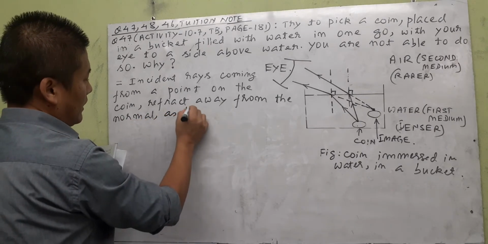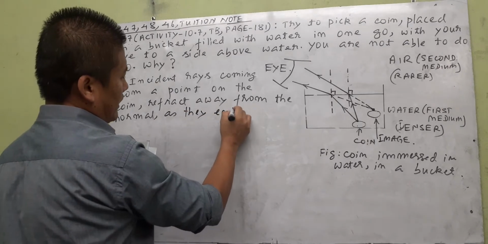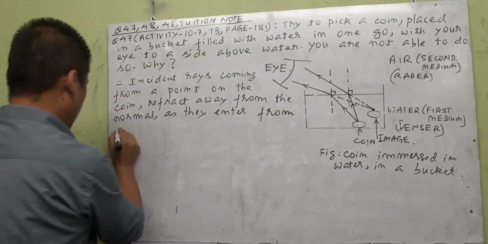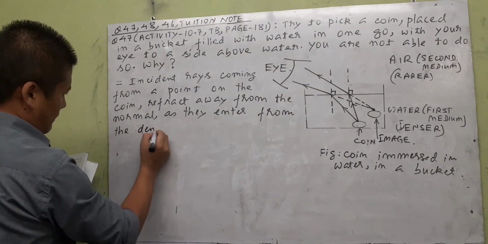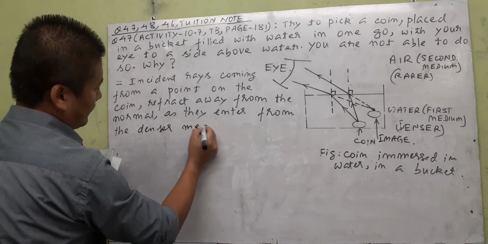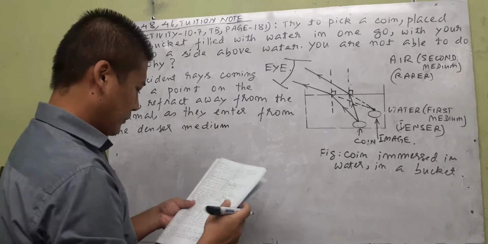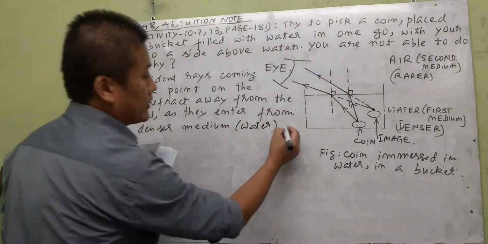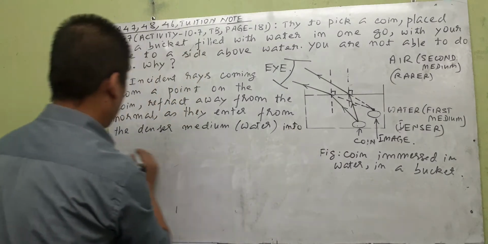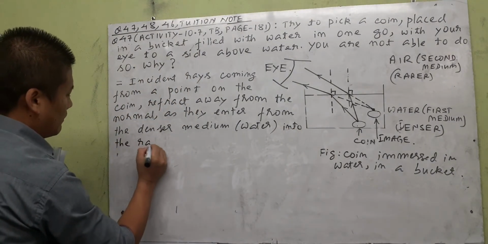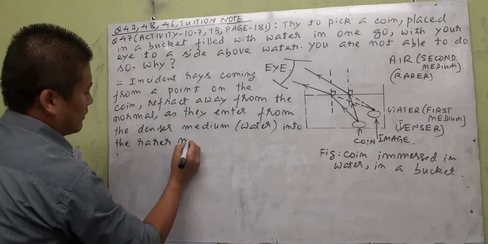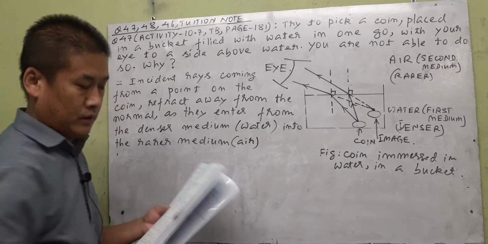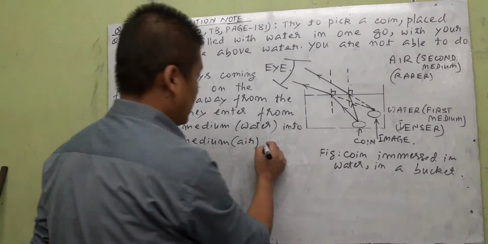Because as they enter from the denser medium, which is water, into the rarer medium, which in this case is your air above the water, right? As shown in the figure.